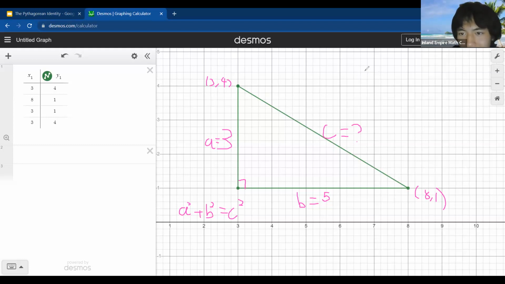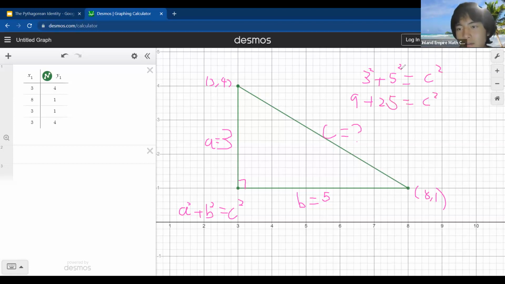Because here, let's just call this hypotenuse c, the distance is c. So we know that 3 squared plus 5 squared is equal to c squared. Agree, right? So 3 squared is 9, 5 squared is 25.